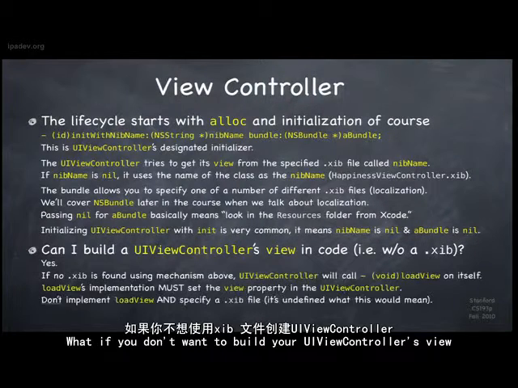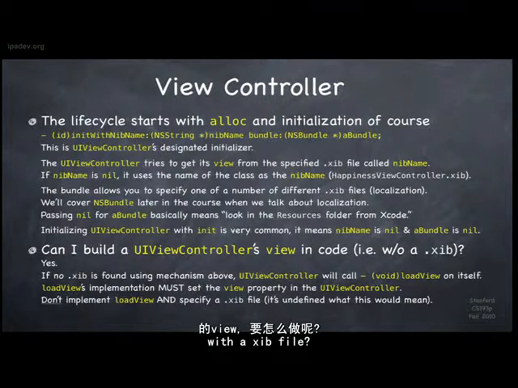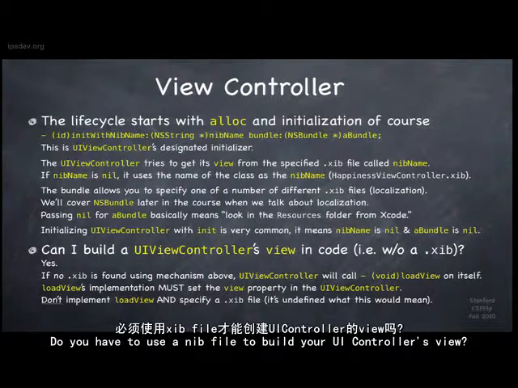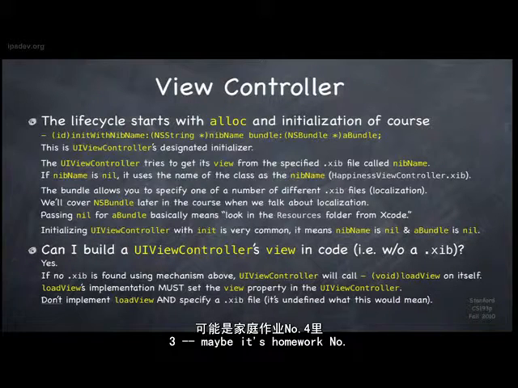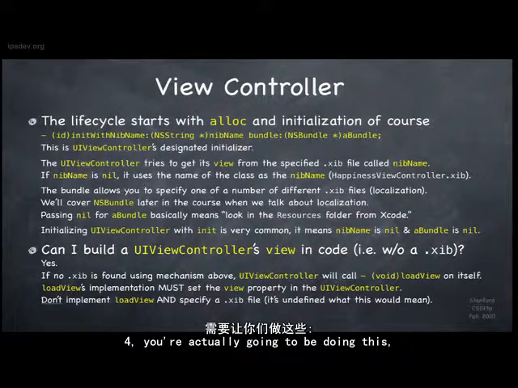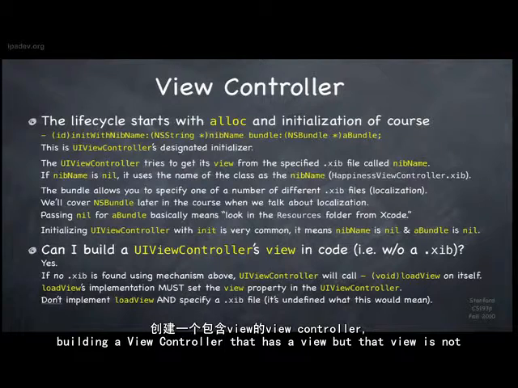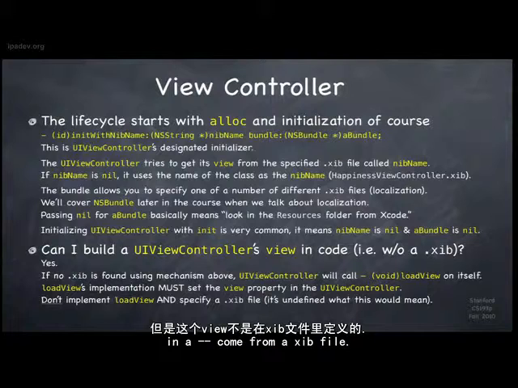What if you don't want to build your UIViewController's view with a nib file? Is that allowed? Do you have to use a nib file to build your view? The answer is no. In fact, in homework number 3, or maybe number 4, you're actually going to be building a view controller that has a view that does not come from a nib file.